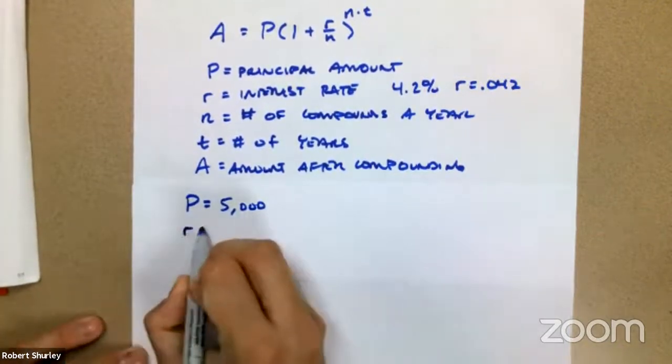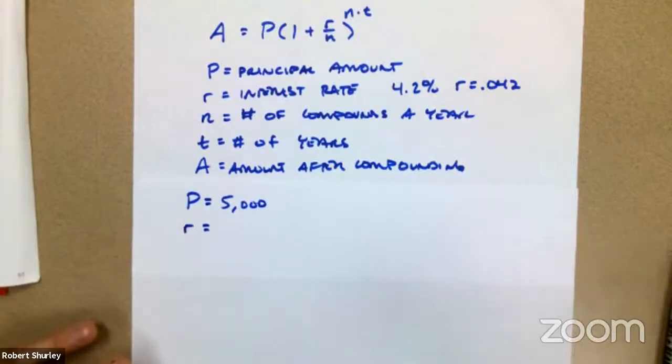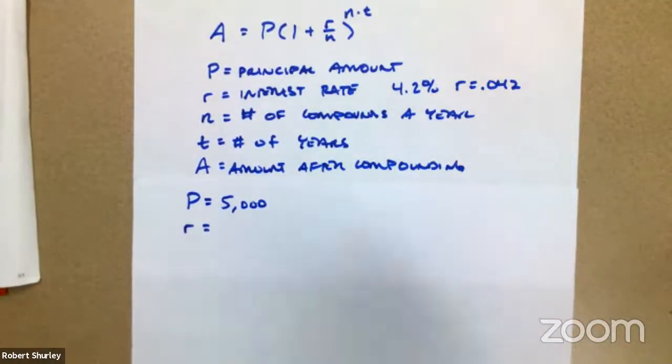So I'm going to get on Google. Today is 11/11, hey, Nigel Harris Day, if you are into Spinal Tap. We're going to look up interest rates on CDs. All I'm doing is getting on Google and putting in interest rates.